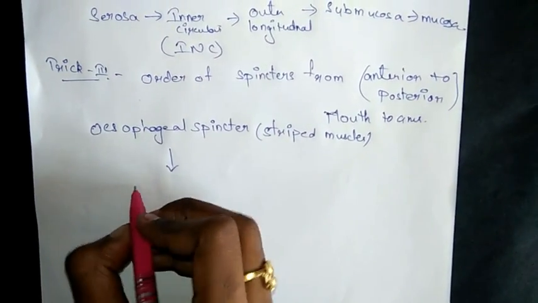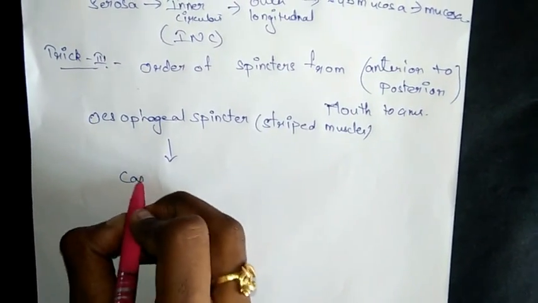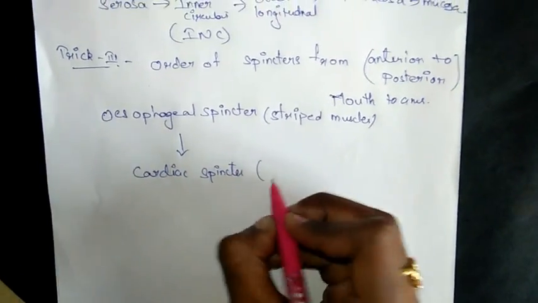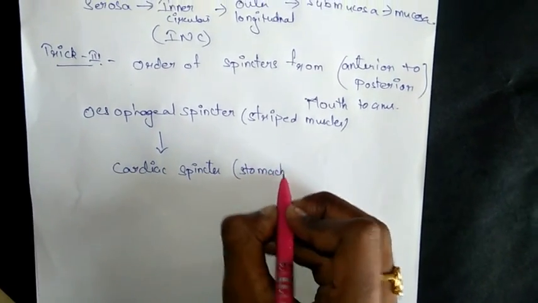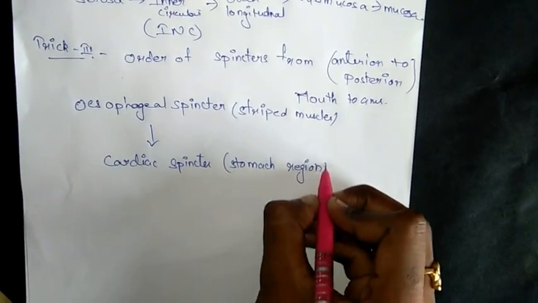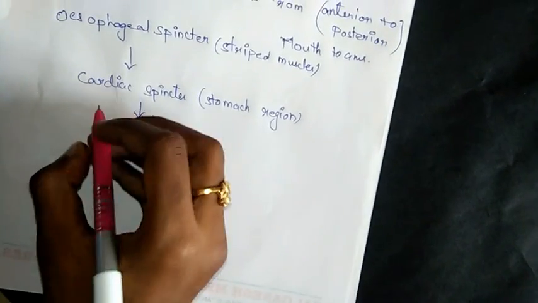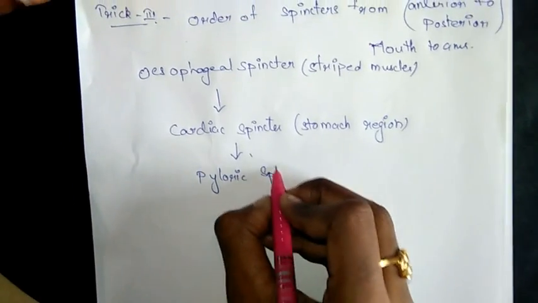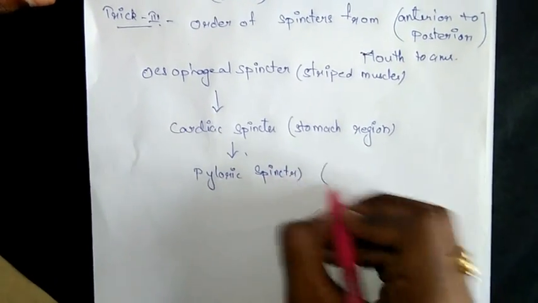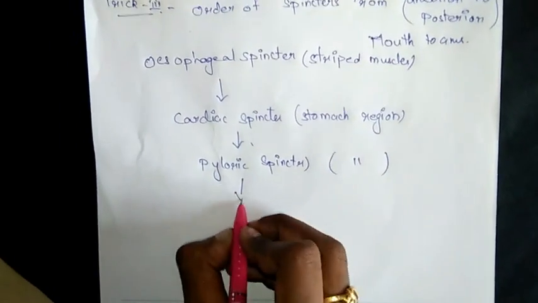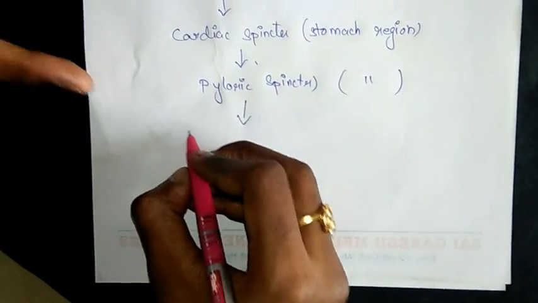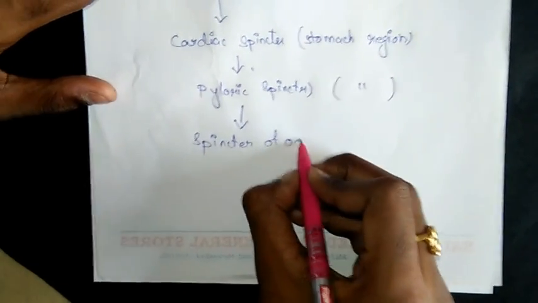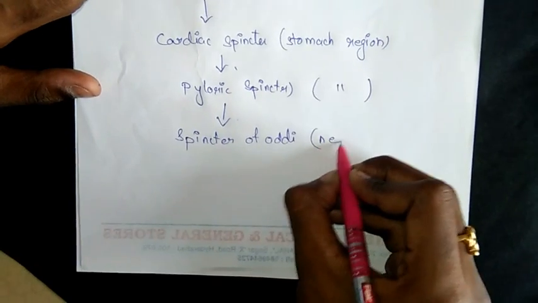The other is the cardiac sphincter, in the stomach region. Next follows the pyloric sphincter, also in the stomach region. And the following is the sphincter of Oddi, near the duodenal opening.